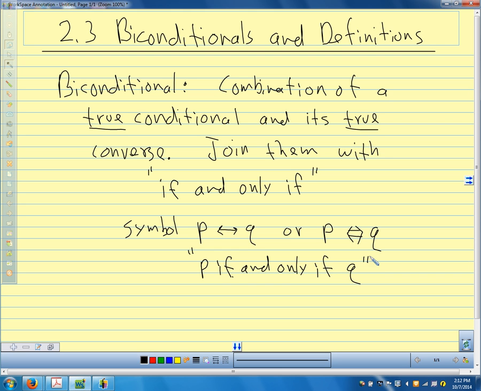We could also turn it around and say tomorrow is Wednesday if and only if today is Tuesday. We could say it in both directions, and that's why we have the arrow pointing in both directions. This is a combination of if P then Q, and if Q then P.